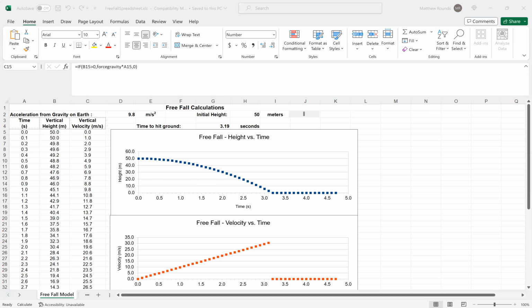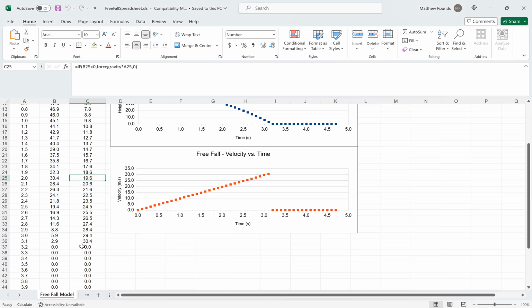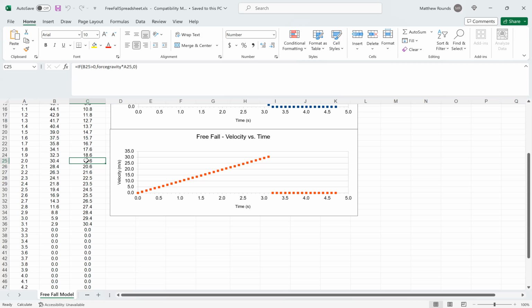Yeah. So maybe we'll put that in the chart here. It's 9.8 meters per second. What is the velocity at 2 seconds? At 2 seconds, it says it's 19.6. Okay. And then at 3 seconds, do we have one at 3 seconds? Yes.